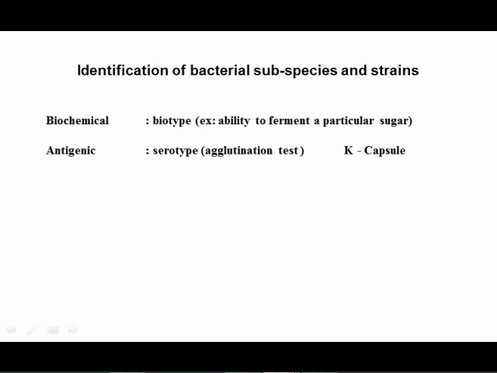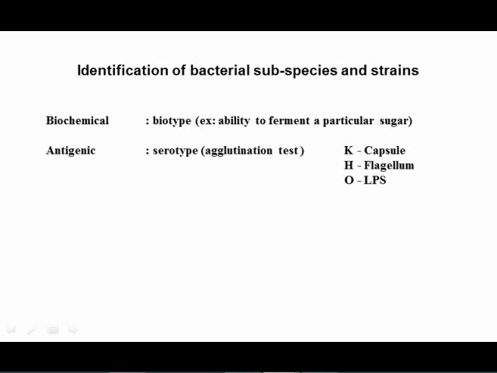So within a species, you will have different serotypes of bacterium, and this will depend on the structure of the capsule antigens, flagellum present or not present. If it's present, what is the serotype? And the serotype of the O repeats in LPS.